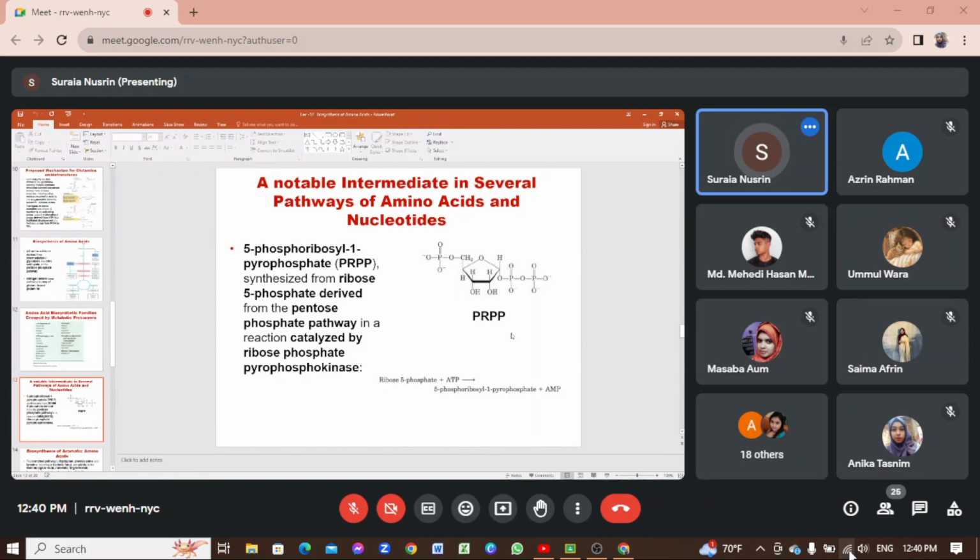The full name is 5-phosphoribosyl 1-pyrophosphate. What is the precursor of this one? The precursor is ribose 5-phosphate. We know from where we get the ribose 5-phosphate. Can anyone tell me how the cell synthesizes ribose 5-phosphate?